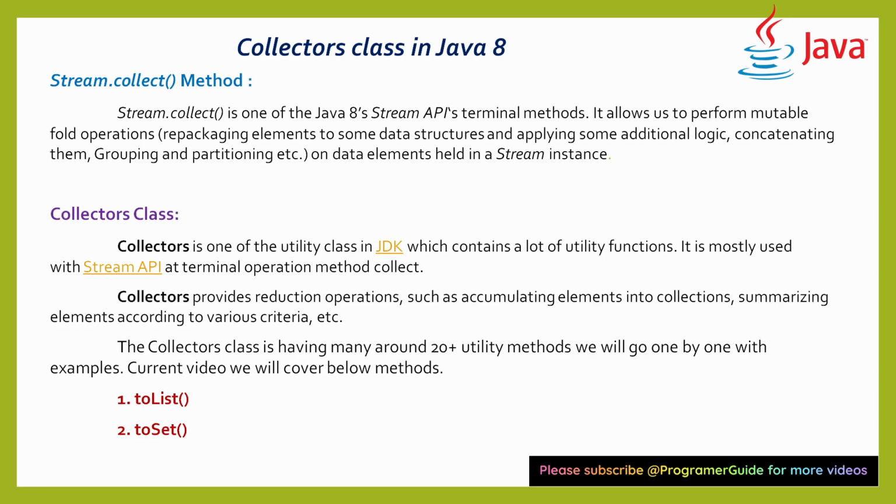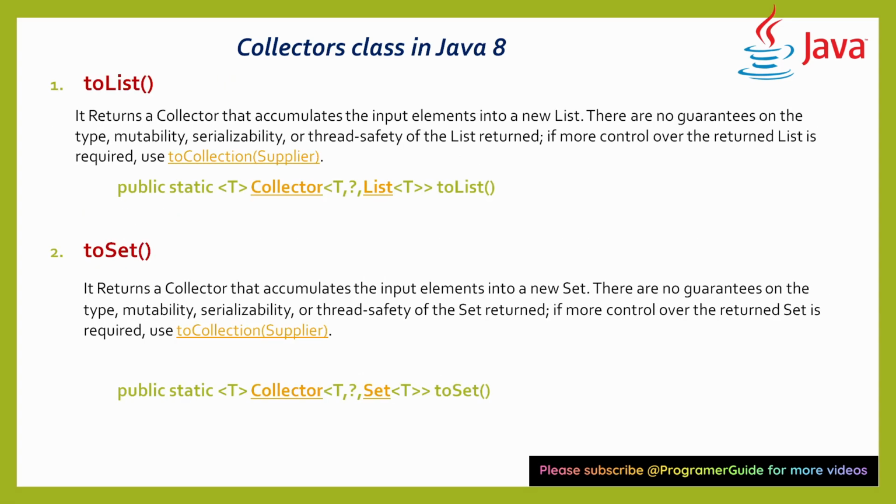In the current video I am going to cover the following methods: toList and toSet. toList returns a collector that accumulates the input elements into a new list. Whatever list we have given, as per our conditions like filter, mapping or any others, it returns the new list.